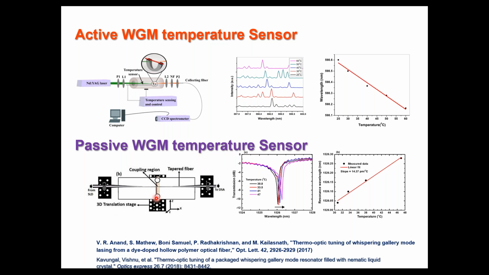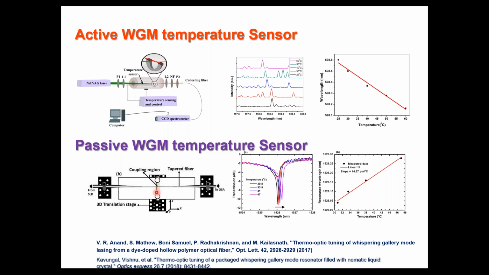For example, this is the light-containing fiber. A superluminescent diode is used to couple light, and this fiber is tapered over here and given to the optical spectrum analyzer.